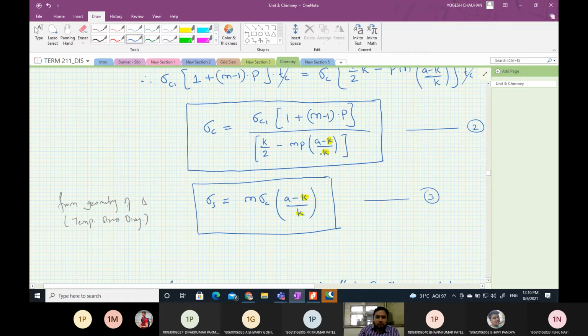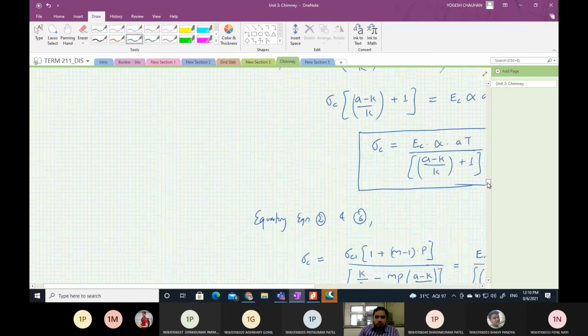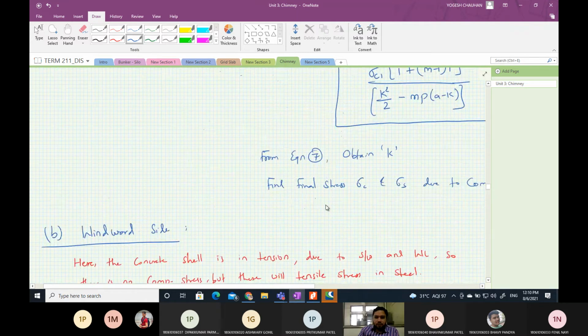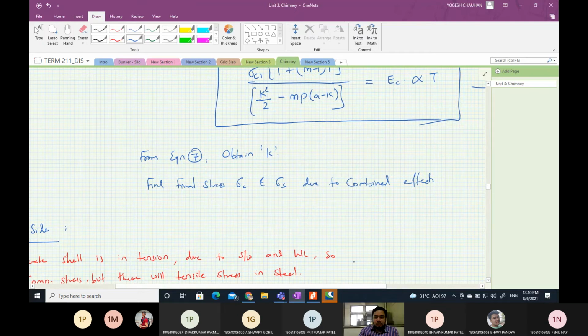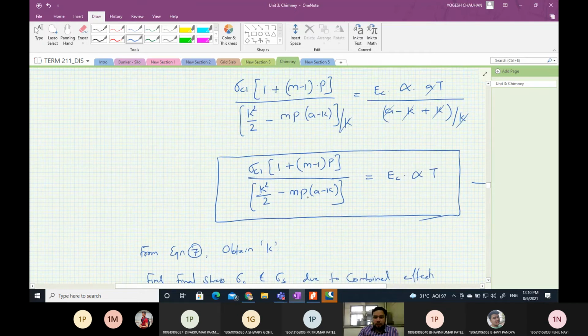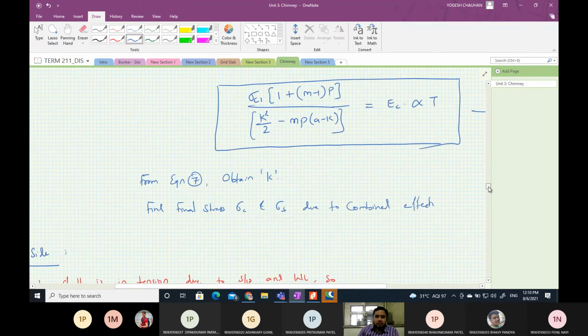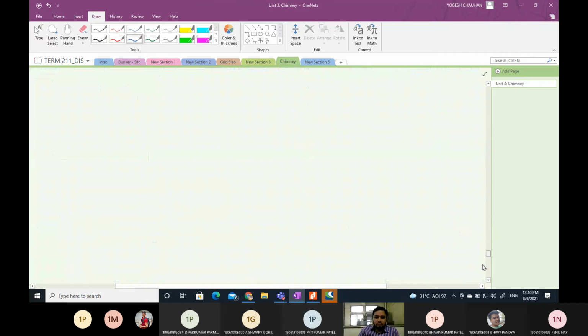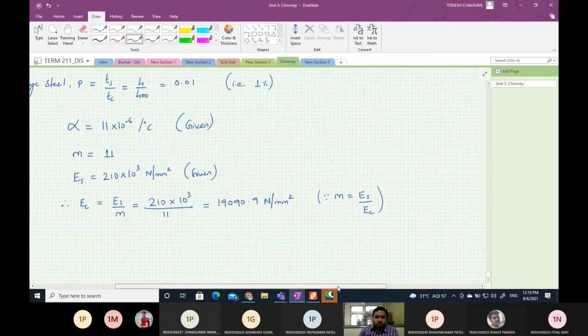Now here, for finding the stress in concrete and steel, we need k, and to obtain the value of k we have to use this expression. From this expression we can find the value of k by solving a quadratic equation, and then we substitute the values of this k in sigma c and sigma s to get the stresses due to the combined effects.